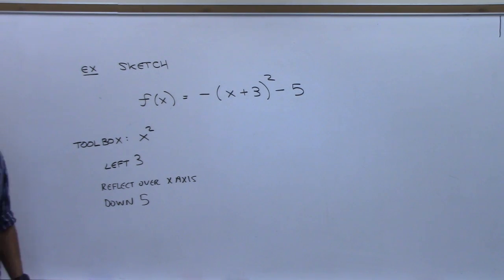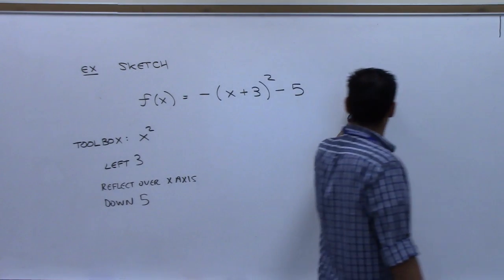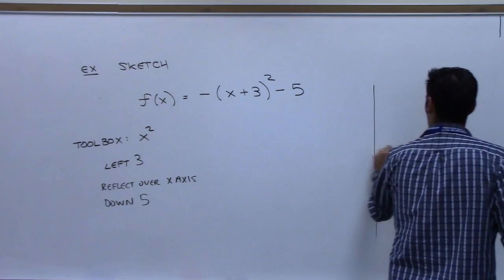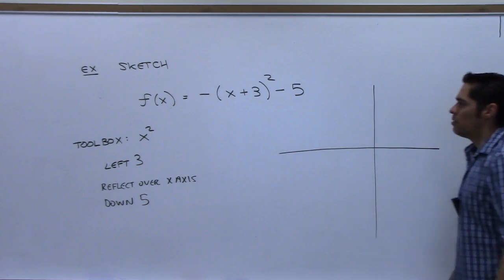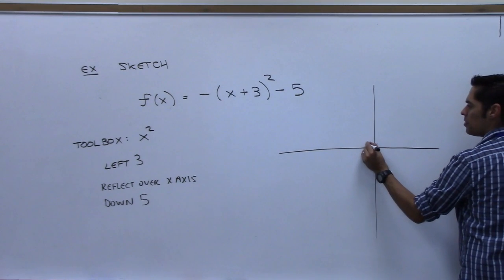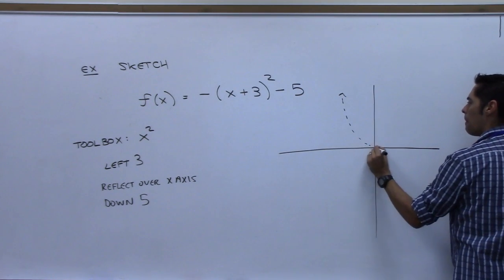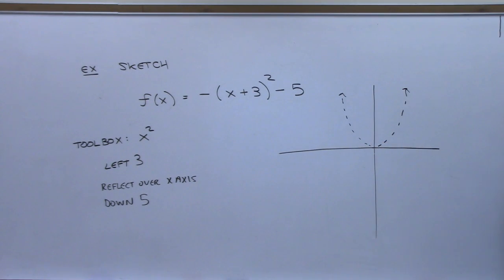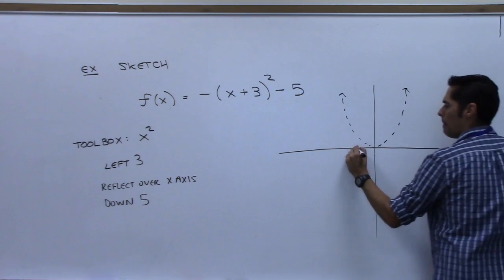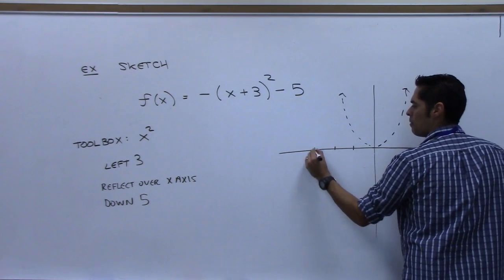Okay? So let me try and draw this real quick. So I start out with the squaring function, which is this. I move it to the left 3, which is this.